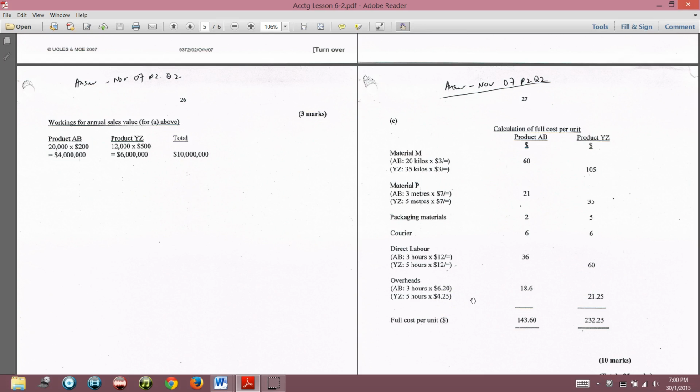The basis is direct labor hours. So you take the direct labor hours times the overhead recovery rate. This one is 18.6, and the direct labor hours for one unit of Y, Z is 5 hours times the overhead recovery rate of 4.25. So then the full cost per unit is over here.